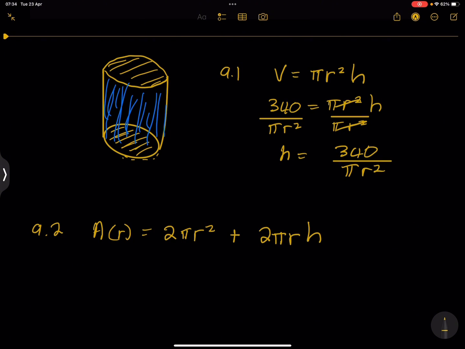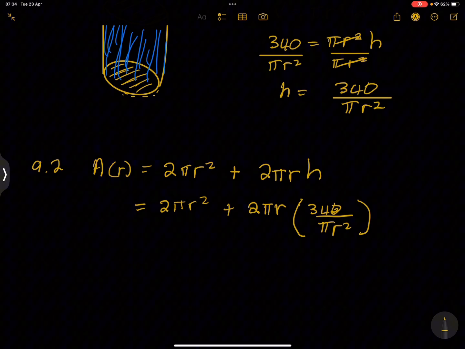But now we don't want any other variable, we want just r. So we're going to have 2 pi r squared plus 2 pi r, and you remember that h is 340 divided by pi r squared.